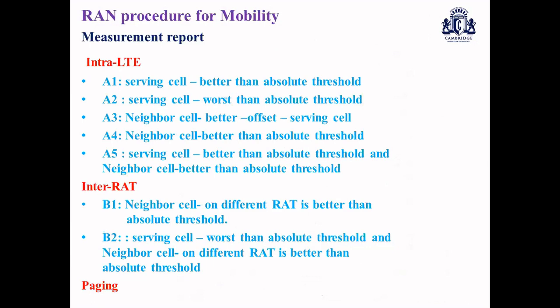So RAN related mobility procedures will happen between the user entity and eNode B, or between the user entity and mobility management entity, in order to enable the user entity to hand over from one eNode B to the other. These procedures are classified into two distinct cases: mobility in RRC idle state and mobility in RRC connected state.